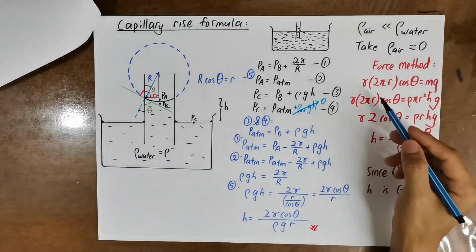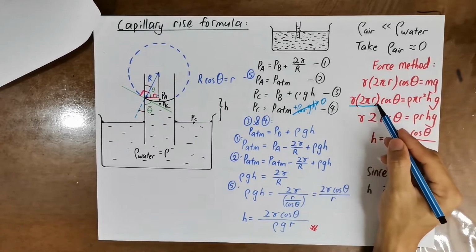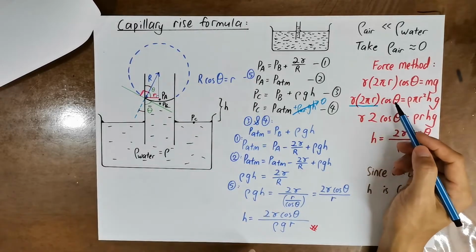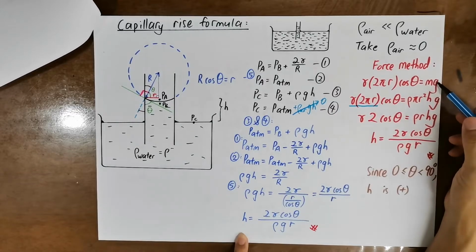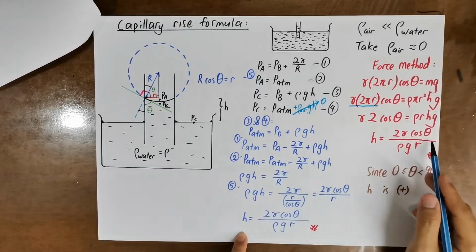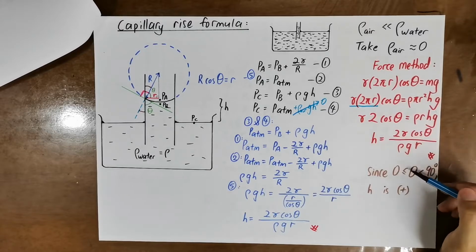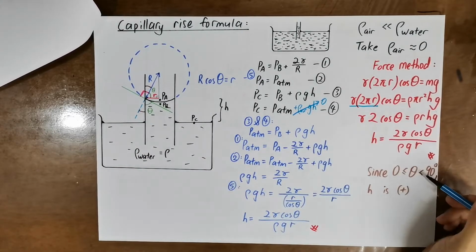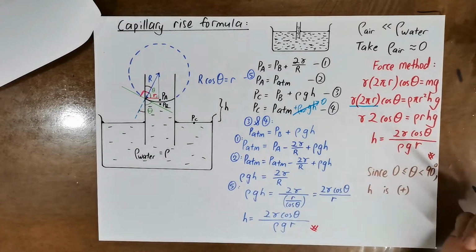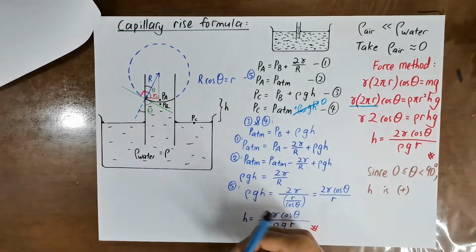Once again you find your effective length and your surface tension force, resolve it to the upward direction, and find the weight of the water raised up. You still arrive at the same formula. Remember that since the contact angle is an acute angle, cos theta has a positive value, so the height of the water has a positive value. So you know that you actually bring the water up, not downwards.